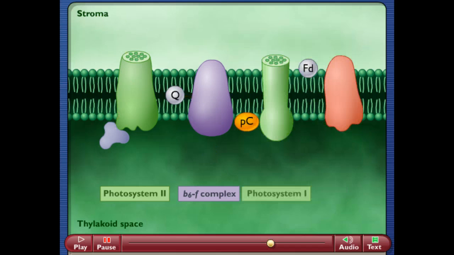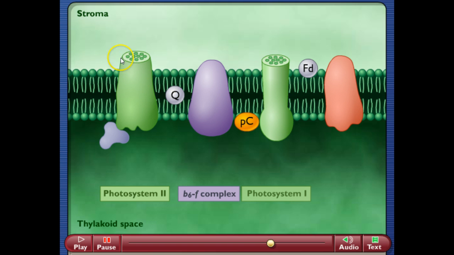Okay, so now we've got photosystem 2, and now we have photosystem 1. So we've just seen now the electron transport chain action in photosystem 2. Now remember, the excited electrons now are moving down this electron transport chain and are going to replace the electrons in photosystem 1.